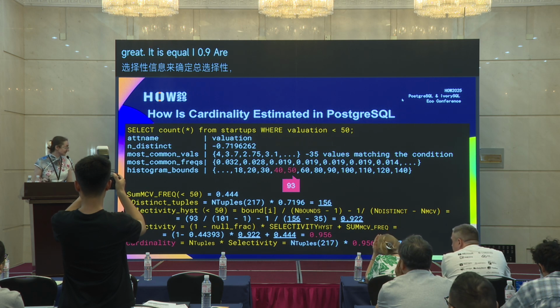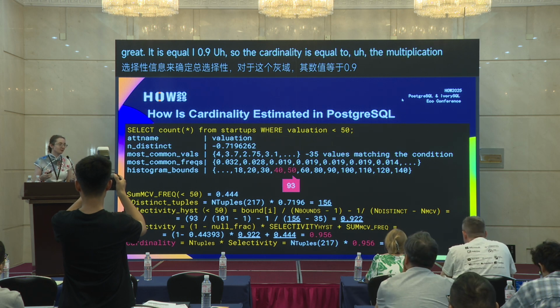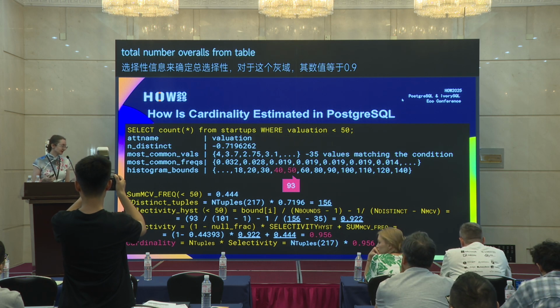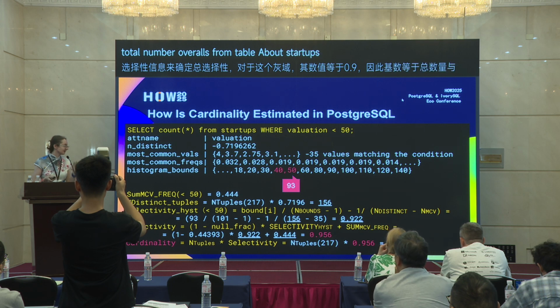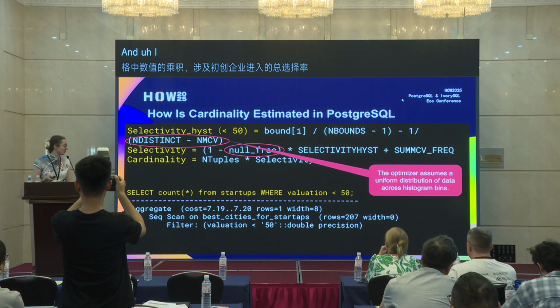So the cardinality is equal to the multiplication between the total number of rows from table about startups and the total selectivity, and it will be equal to 207.